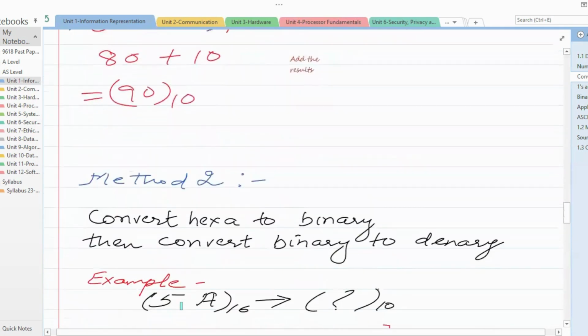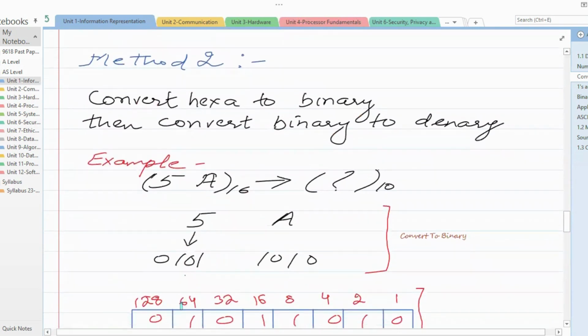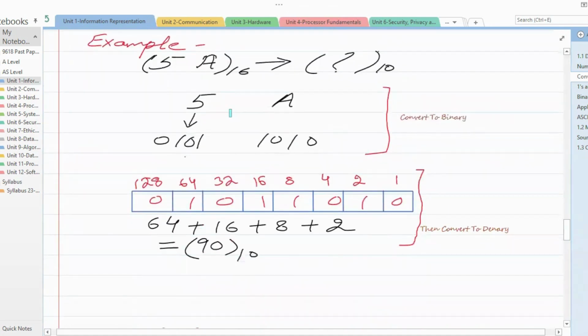Okay, we have another method also to convert hexa to decimal. As method 2, convert the hexadecimal number to binary first, and then convert that binary result to denary. Very simple. I'll use the same example here.